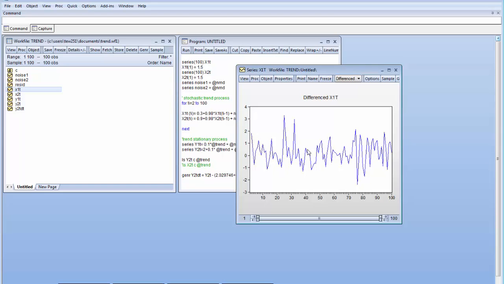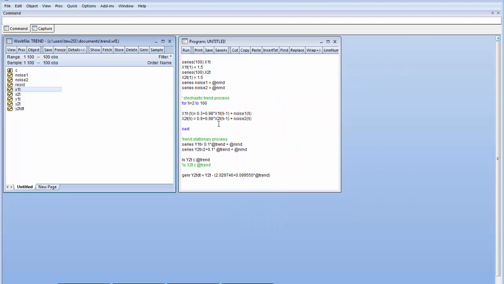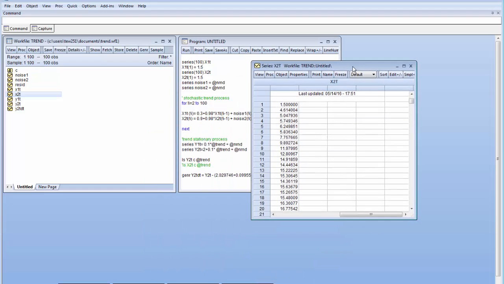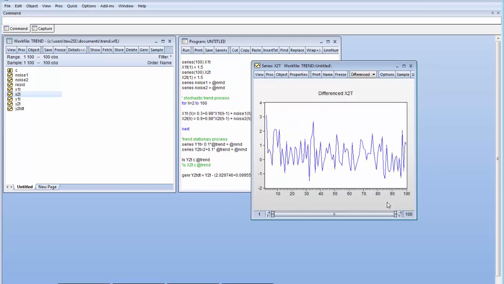Now, in that case, the first result. Let me look at the other one. X2t, difference it, and let's have a look at the graph of that. This is also more or less a zero mean process, almost zero mean.